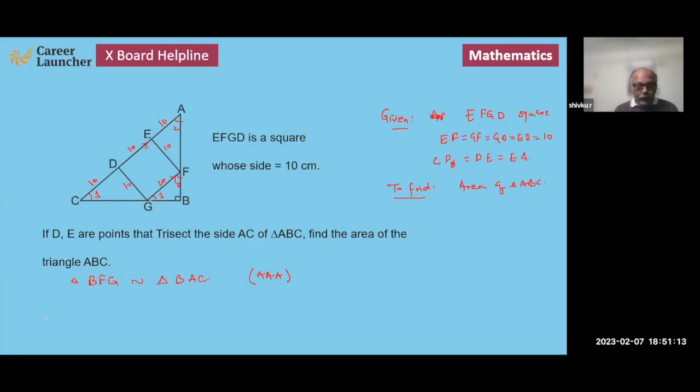So if these two triangles are similar, we know that GF by AC is equal to 1 by 3.